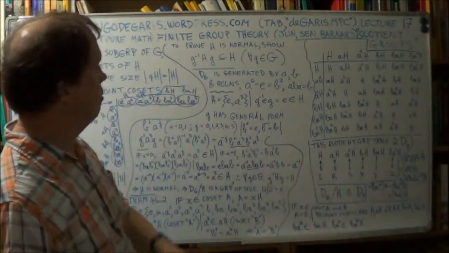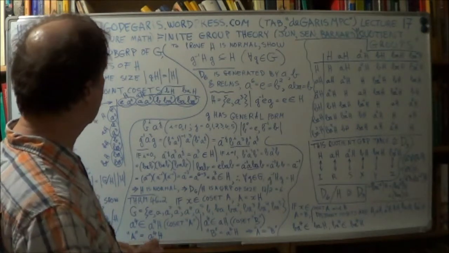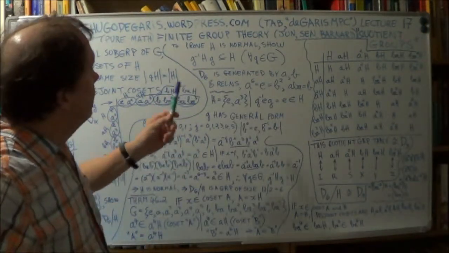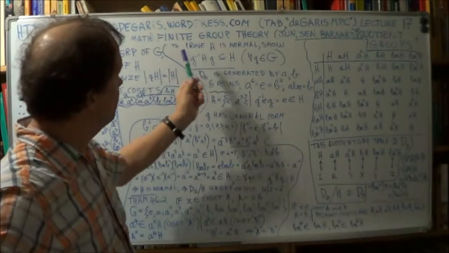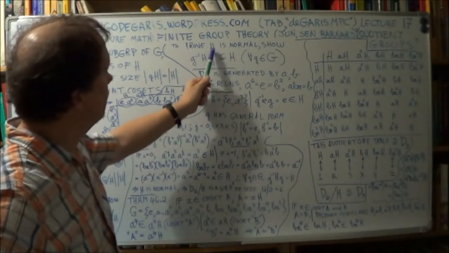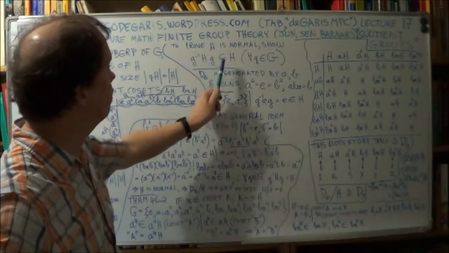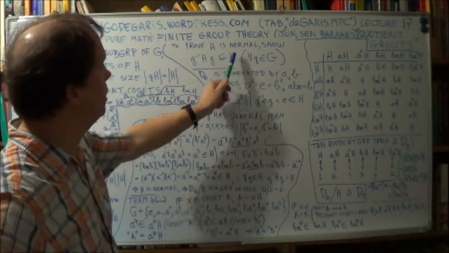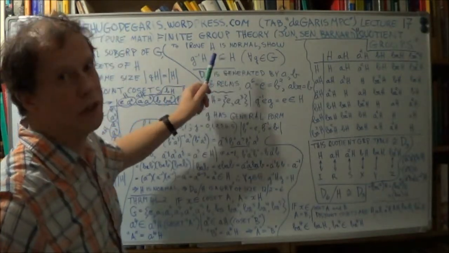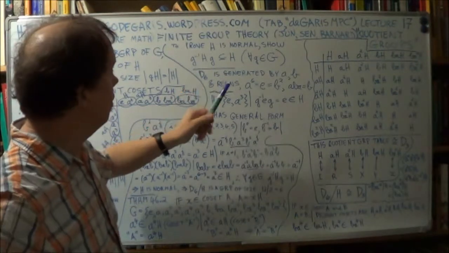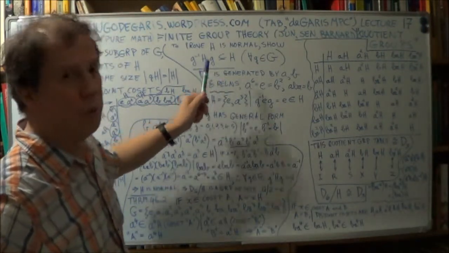So our first step is to prove that H is normal. And remember from the previous session, to prove that H is normal, you do not have to prove equality here. If you had equality here, strictly speaking, that's the definition of H being normal.